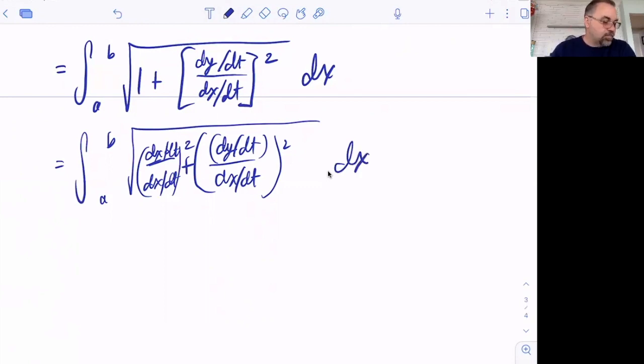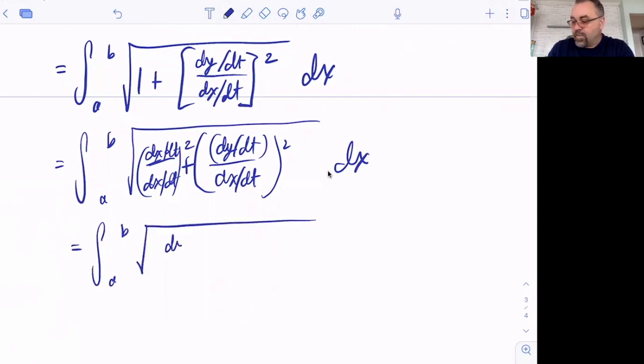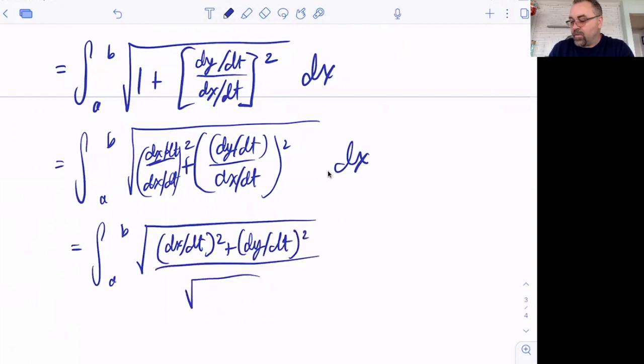That's the integral from a to b of the square root of (dx/dt) squared plus (dy/dt) squared, all over the square root of (dx/dt) squared.